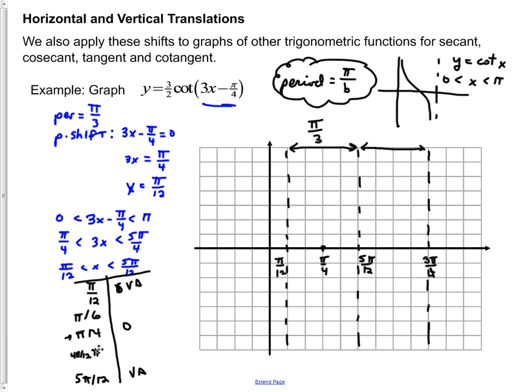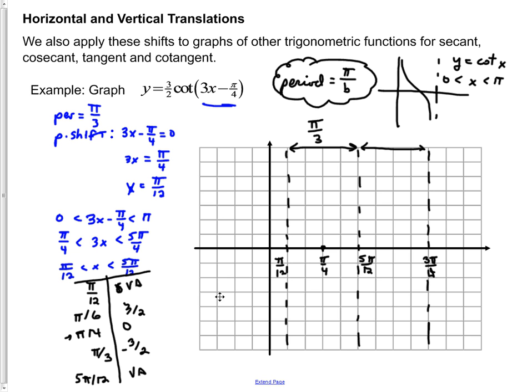Pi over 3 is the next quarter point. So what happens? Because it's a cotangent function, we're following this pattern where it's going down. That means at pi over 6, we're at positive 3/2. And at pi over 3, we're actually at negative 3/2.